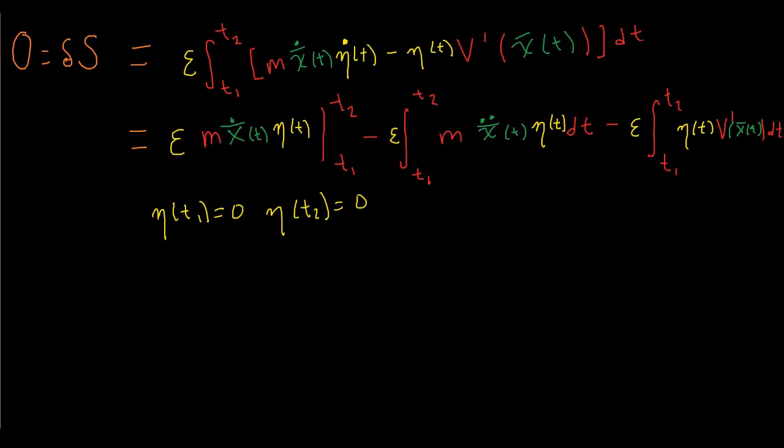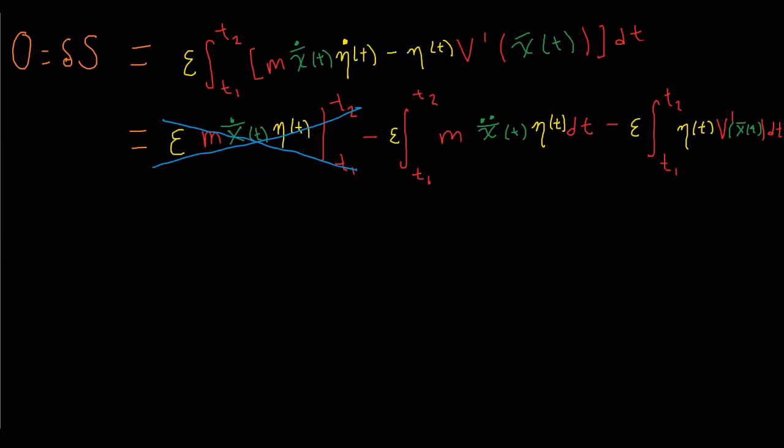So this whole thing that I spent so much time writing out is actually just 0 minus 0 because of this eta of t right here. So I can just cross out this whole thing because it's all 0.